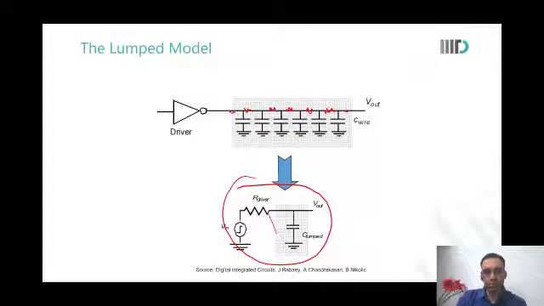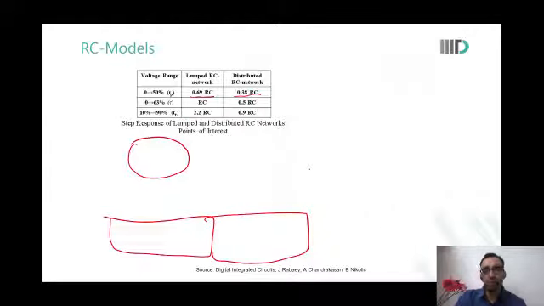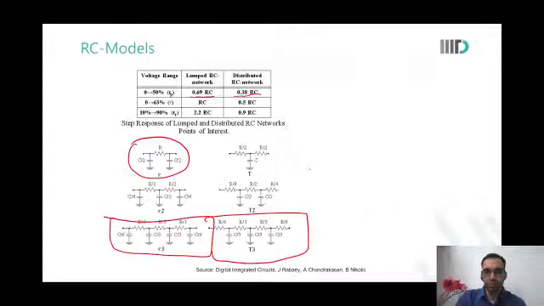In distributed, we consider all the resistances separately and all the capacitances separately. Then we come to an intermediate pi or T model. Pi is like an intermediate between the lumped and the distributed. We do not pay that much simulation time, but we get almost similar accuracy. Got it, sir.